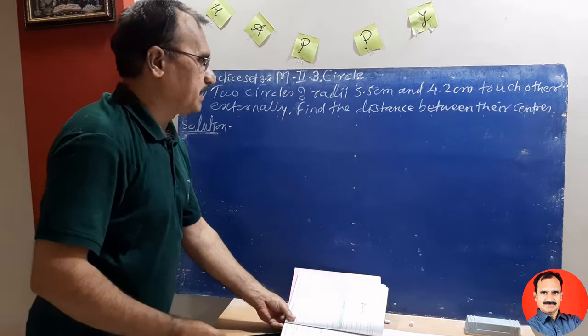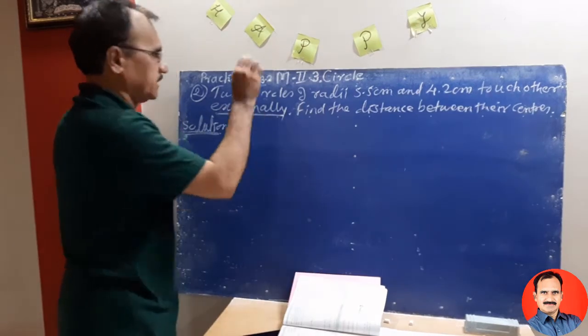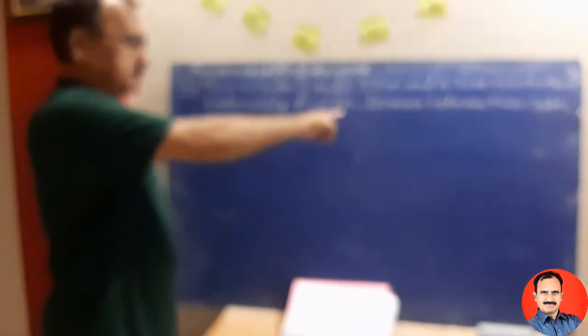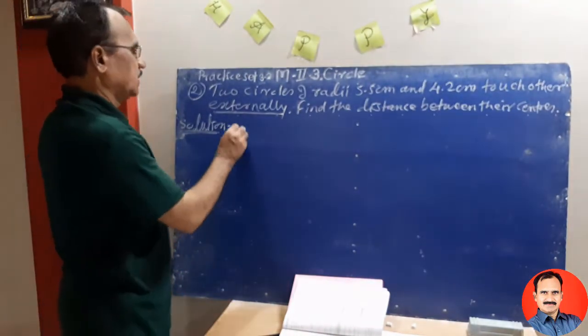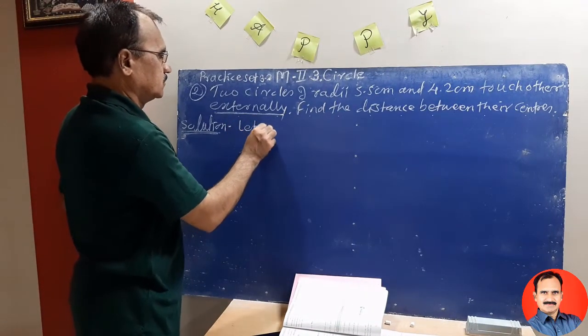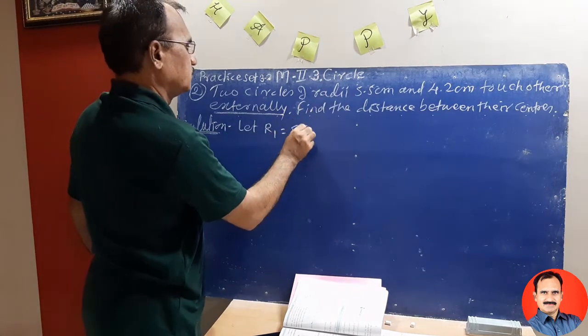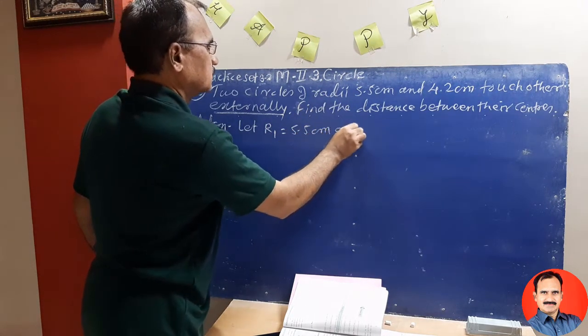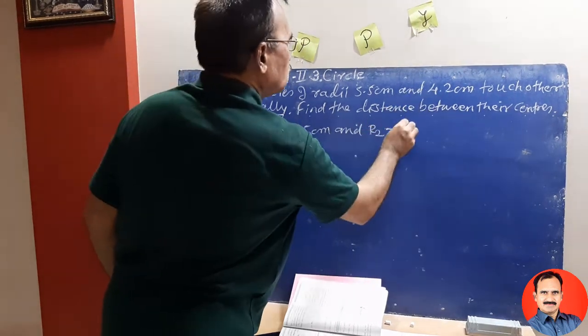Which is the important word here? Circles are externally touching, and we know if circles are externally touching, the distance between their centers is the sum of the corresponding radii. Let R1, the first radius, be 5.5 cm and R2 be 4.2 cm.